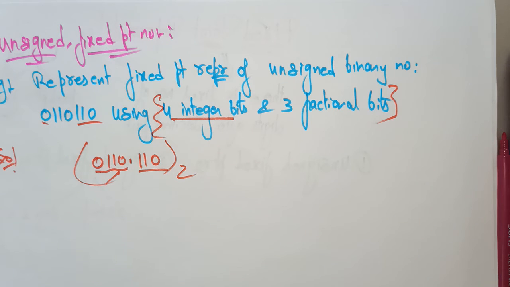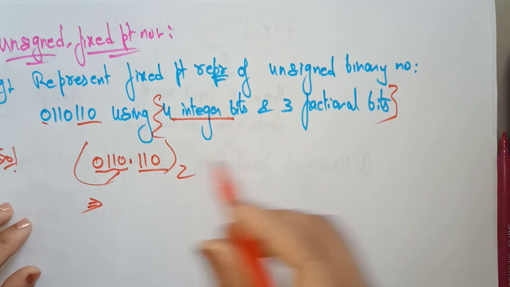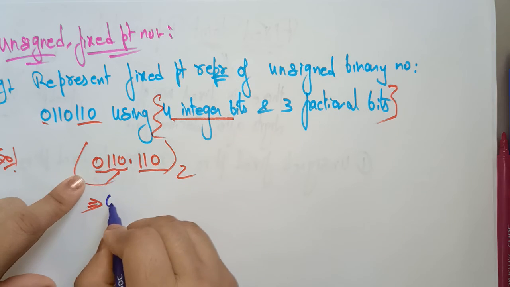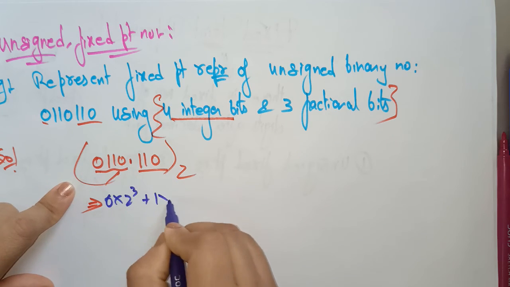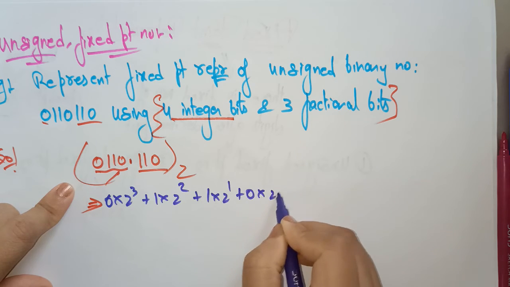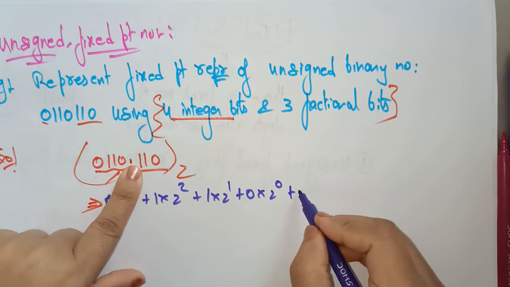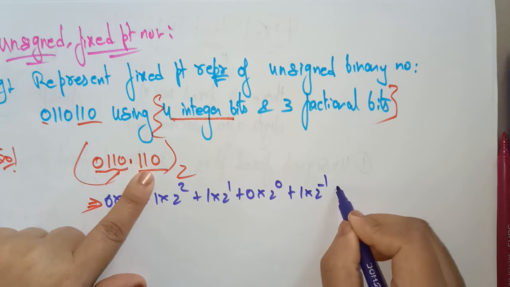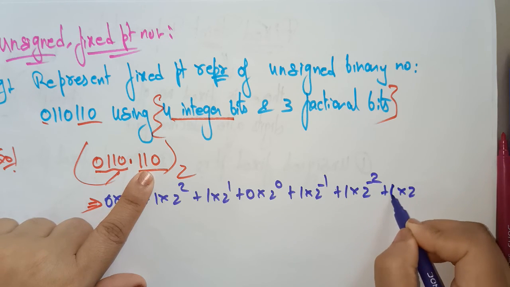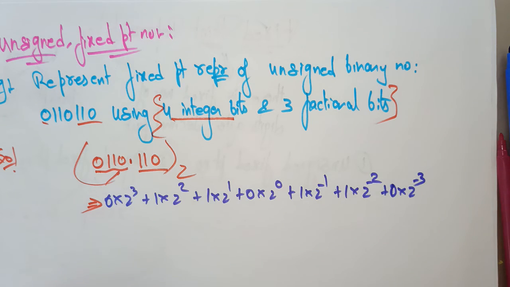Now convert this into decimal. You already know that binary fraction is converted into decimal fraction. Let's do it. So 0 into 2 power 3 plus 1 into 2 square plus 1 into 2 power 1 plus 0 into 2 power 0 plus the fraction part, 1 into 2 power minus 1 plus 1 into 2 power minus 2 plus 0 into 2 power minus 3.